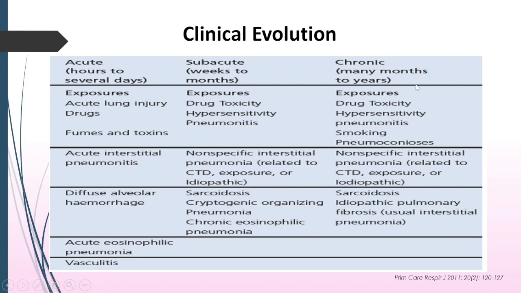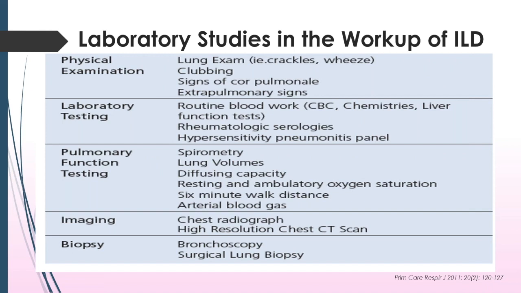Majority of these diseases, especially IPF, then connective tissue disease ILDs, sarcoidosis, take a few months to years to evolve. So generally the patients will present with symptoms of long duration, that is 1 year or more.